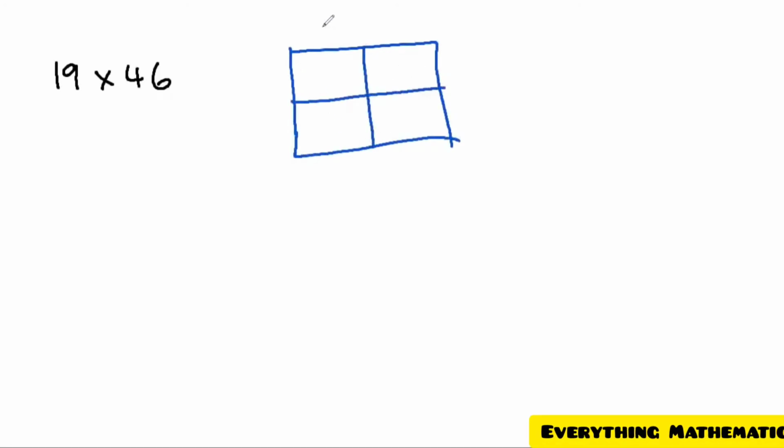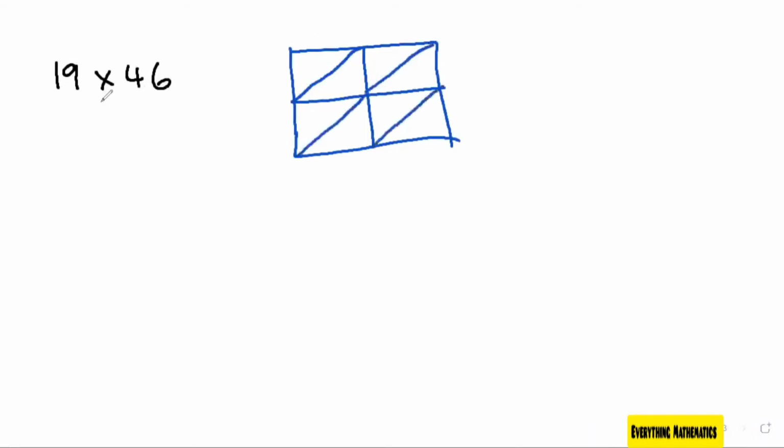And I must say, it does not matter where you choose to put your 19 and your 46. The answer will not be affected. So for example, let me just split it into diagonals. Some people believe that this first number, 19, has to come on top here. No, that's not true. It could go any way. And that's one of the properties of multiplication.